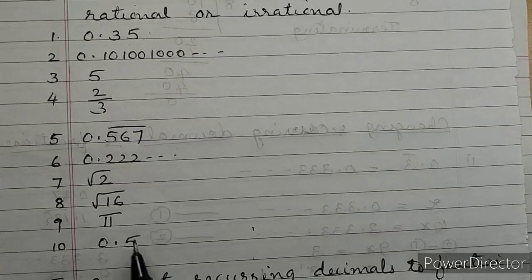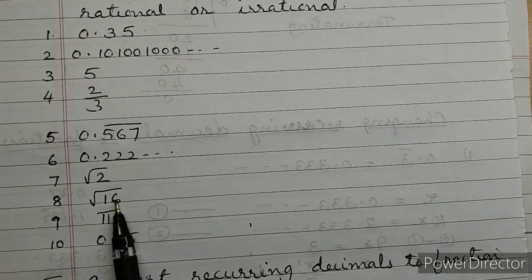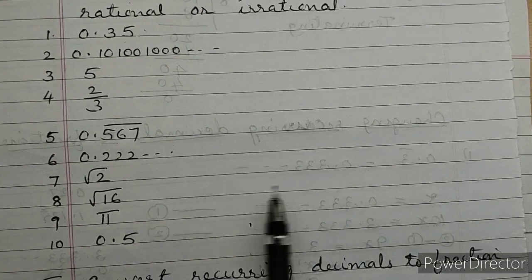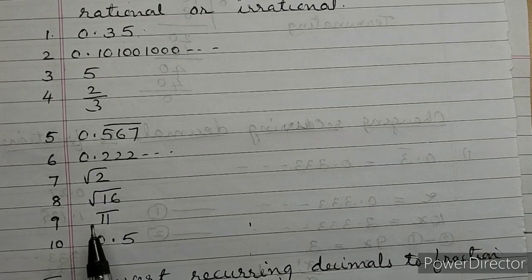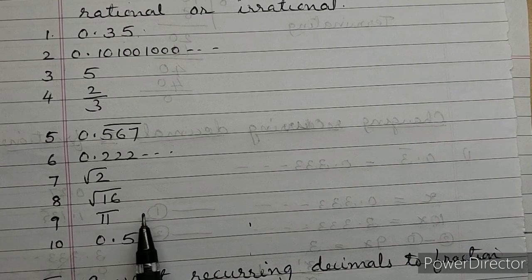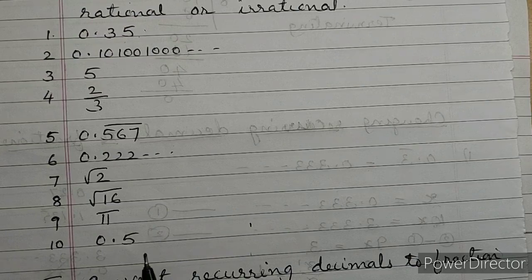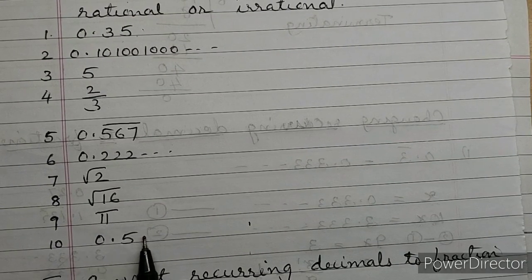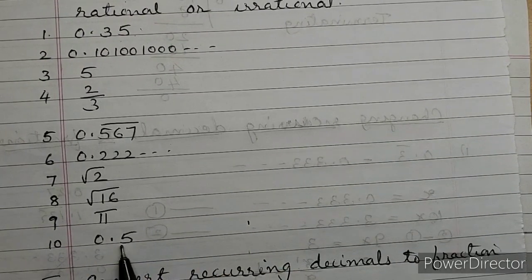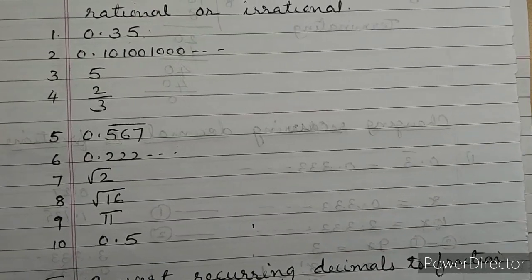Root 2, root 16. Root 16, you can write it as 4. So according to that, you should write the answer. Pi. Pi, I told you, which type of number it is. Next one, 0.5. So all these numbers you have to write whether rational or irrational.